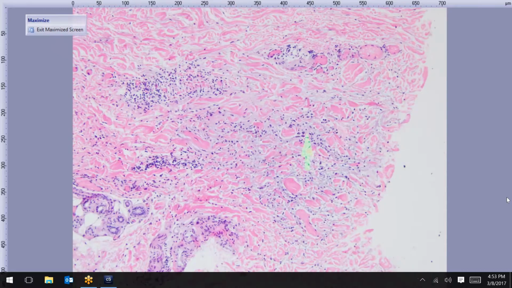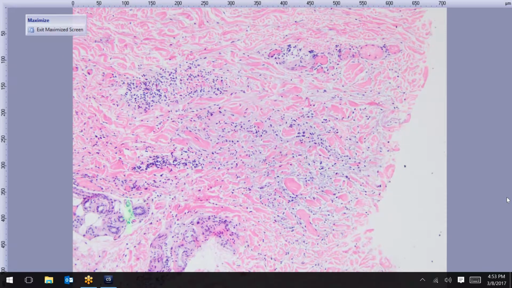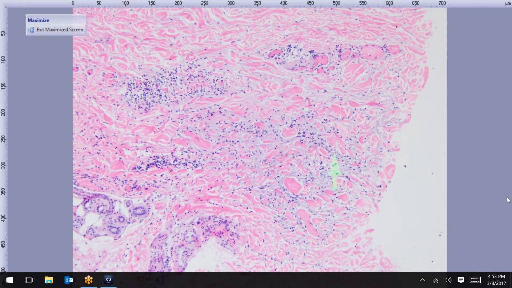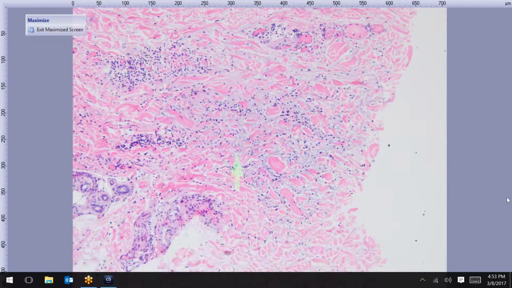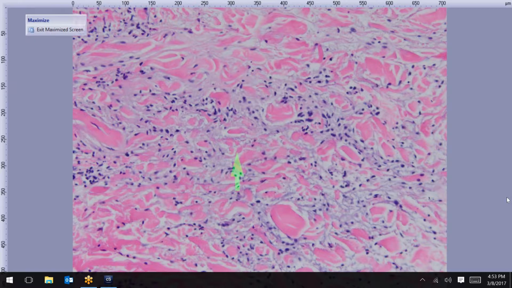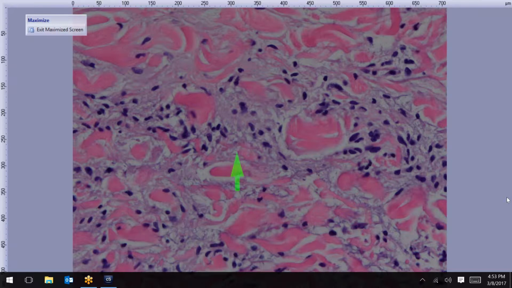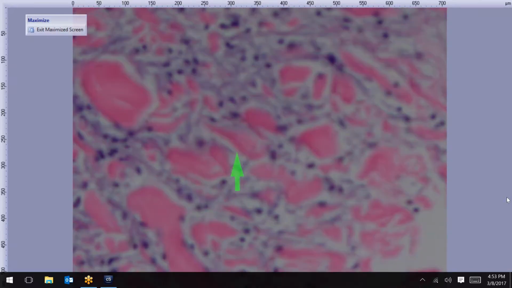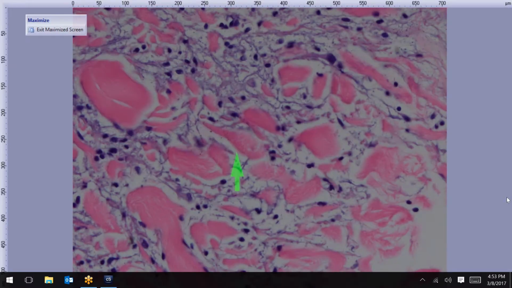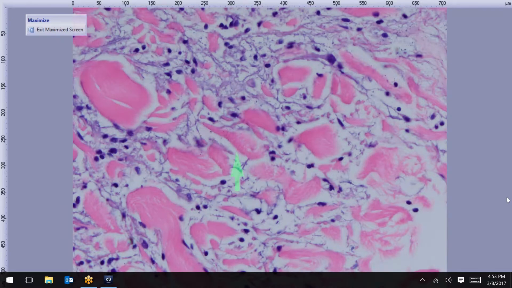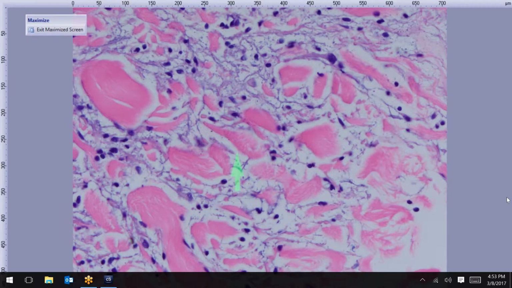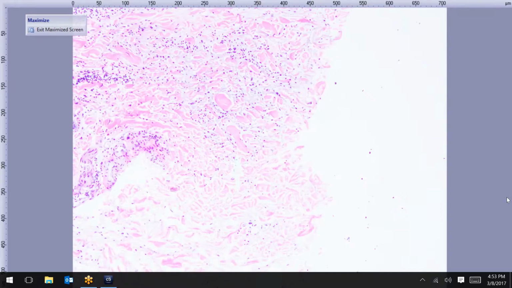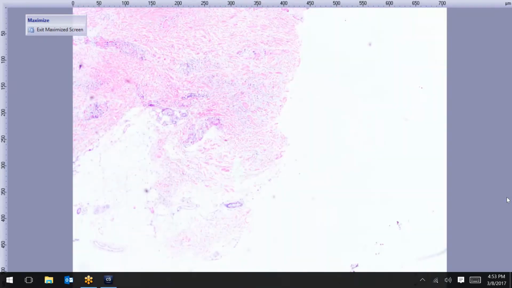Same thing here. You can see there's a little bit of an interstitial histiocytic infiltrate right here, going higher power. And there's some mucin in there. So this is GA. And going to higher power, we can really take a look at it. You can see some mucin in those areas. So this is GA. Maybe less obvious, not so obvious a palisade as in the other ones, maybe more of an interstitial pattern.